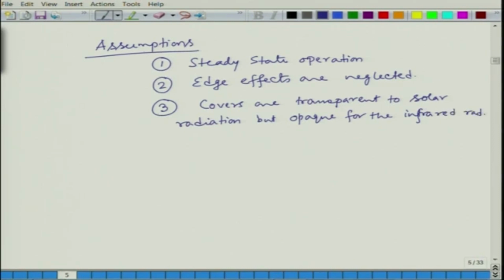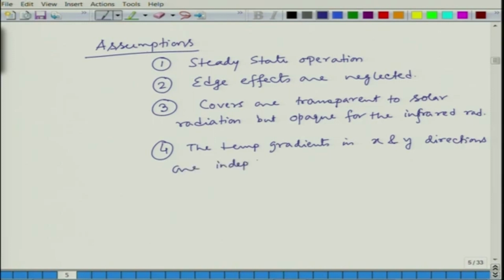I will explain what it means in detail in a minute. Now, the fourth assumption concerns the temperature gradients that we saw earlier in the x and y direction temperature distributions. Here we make a very crucial assumption that these temperature gradients in the x and y directions are independent of each other.